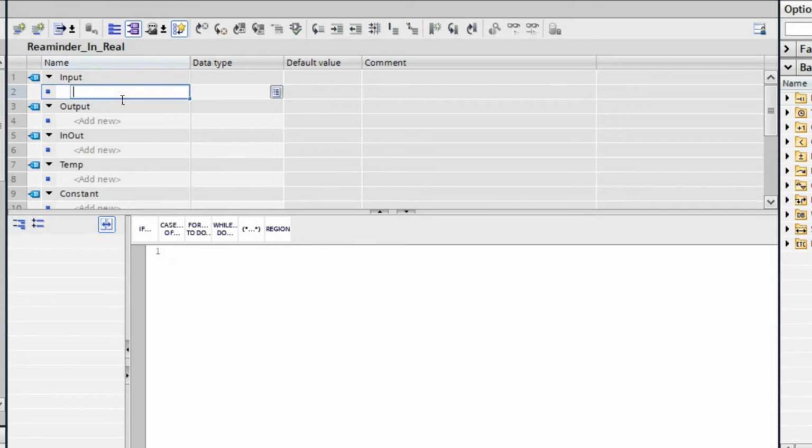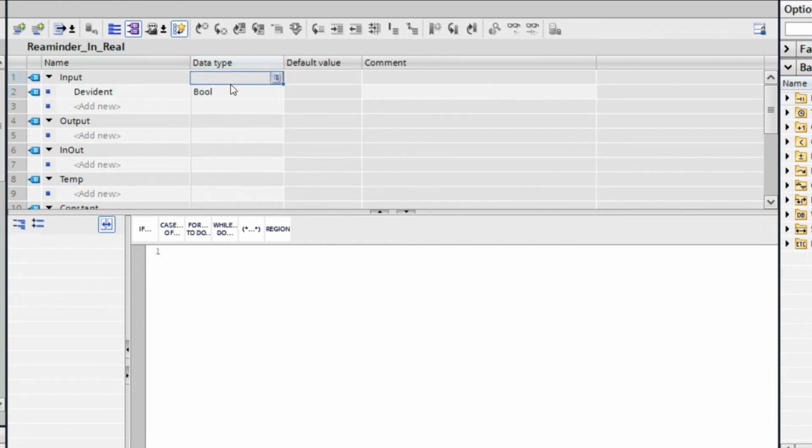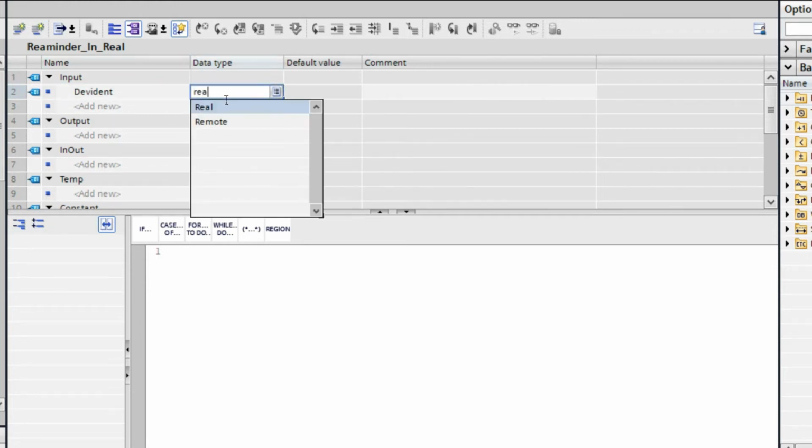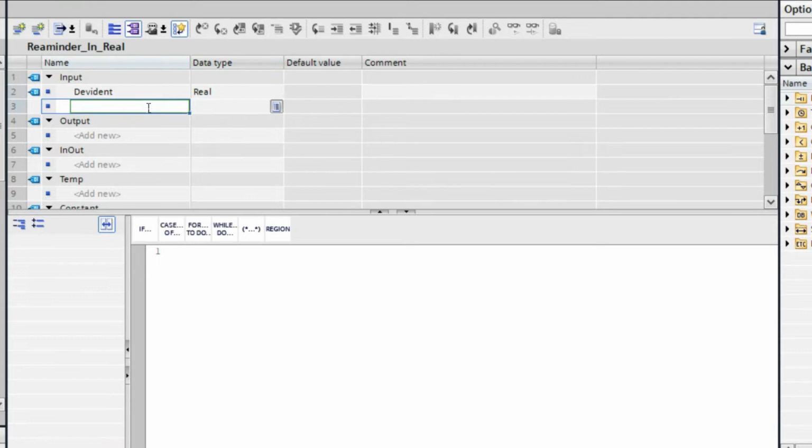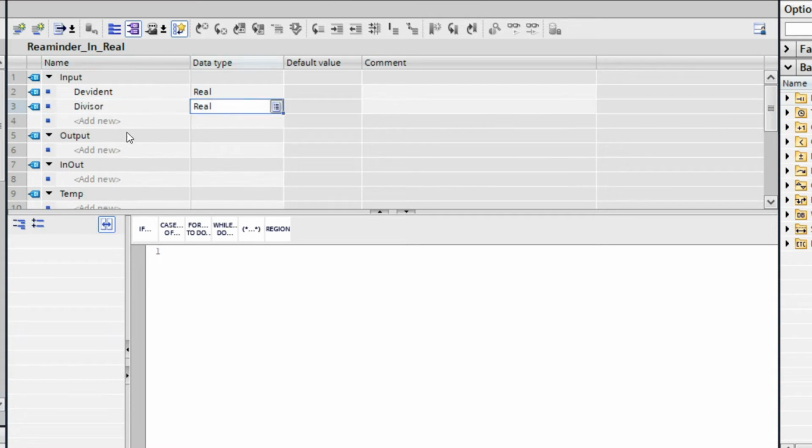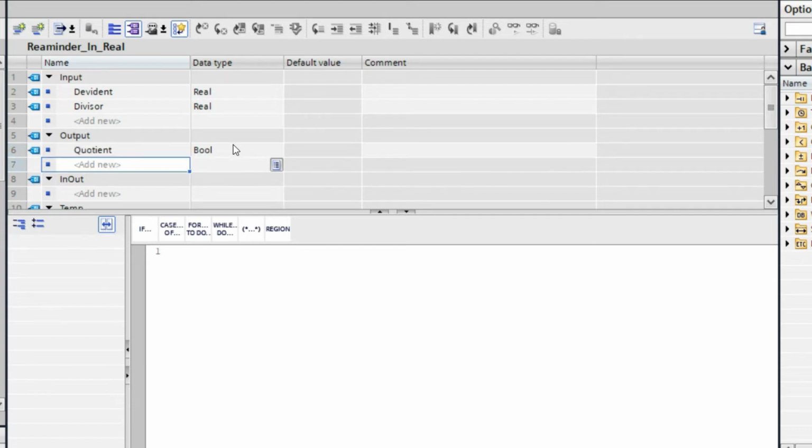Here is our input: dividend, and data type is real. Also our divisor, data type is real. And our output is quotient, data type is integer, and remainder in real.